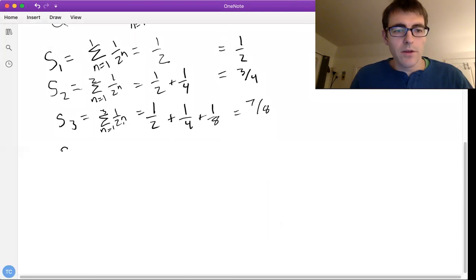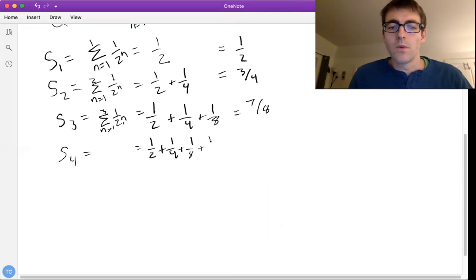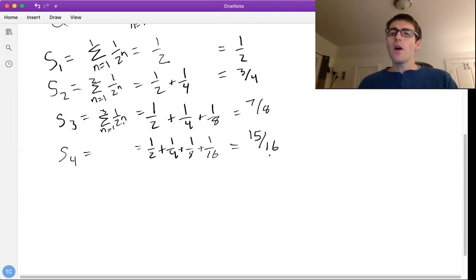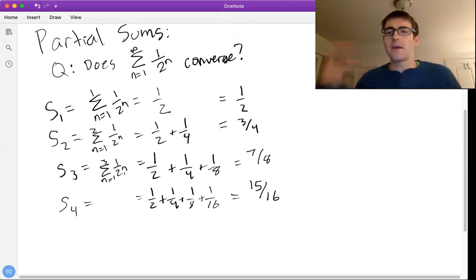I can also put that S4 ends up being 1/2 plus 1/4 plus 1/8 plus 1/16, and this thing ends up being 15/16. So we've got multiple things floating around here. We've got sequences and we've got series.